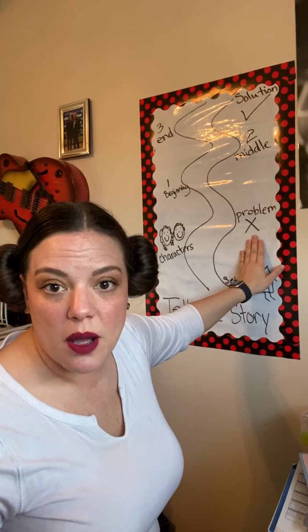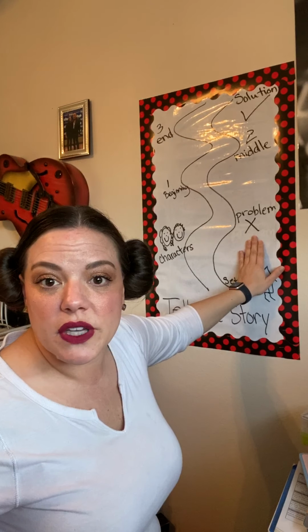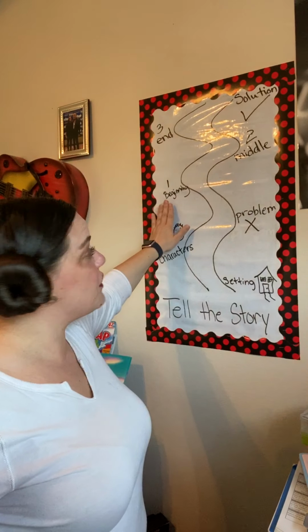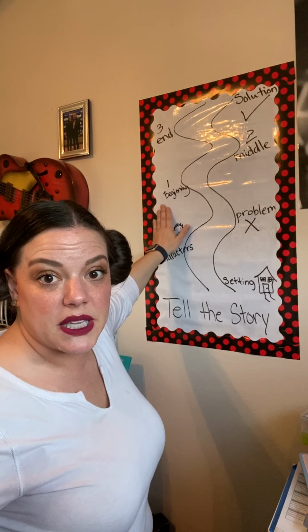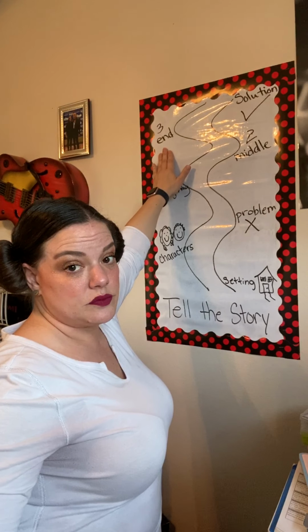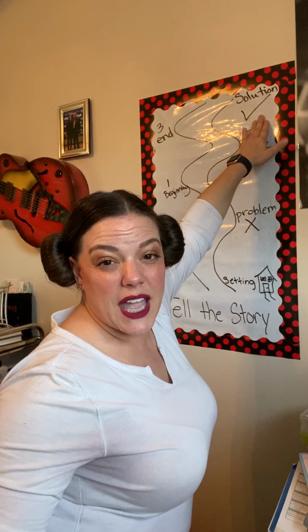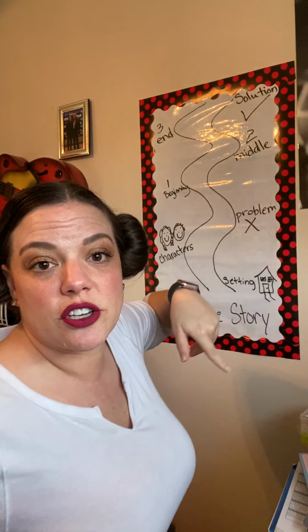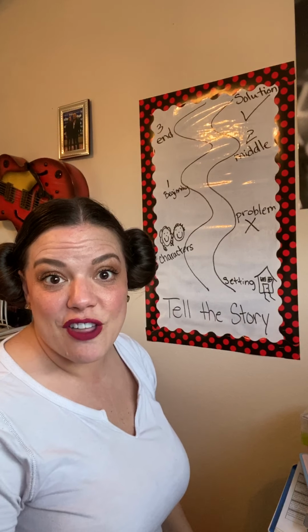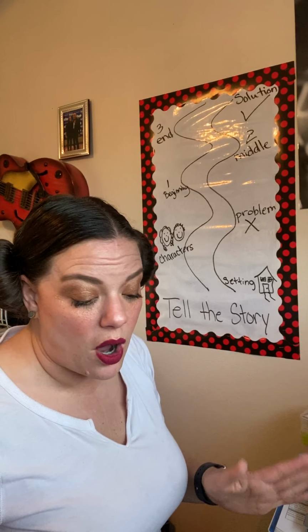There's always a problem, conflict, something that needs to be solved. And there's always going to be a beginning, a middle, and an end. And then at the end of the story is usually where you're going to find your solution. Okay, how they solve the problem.